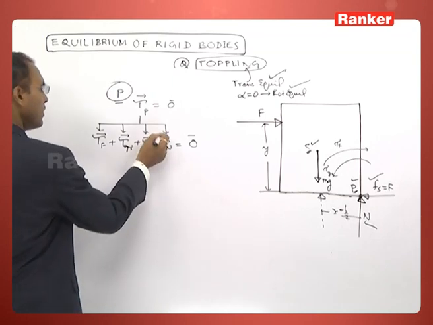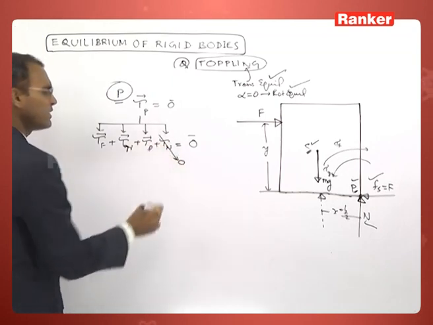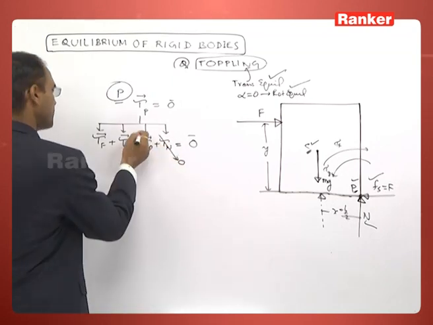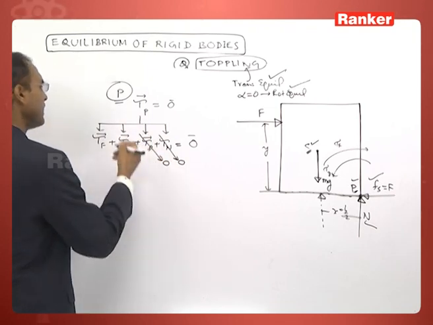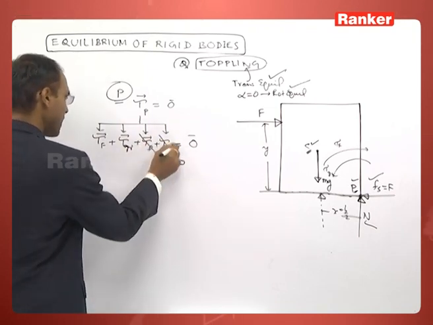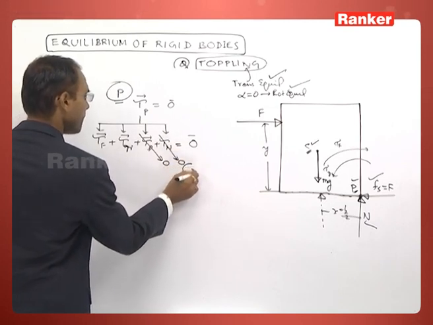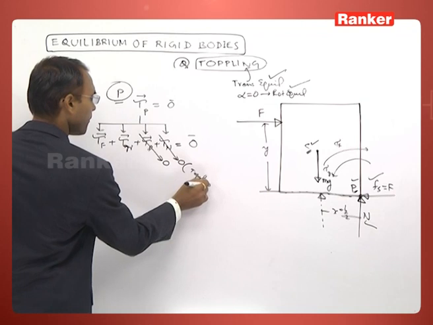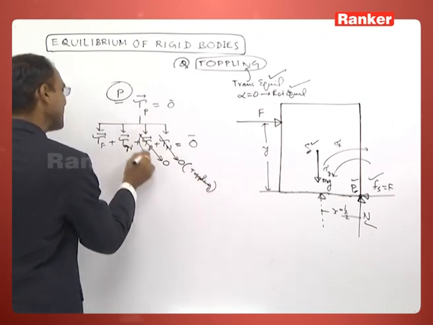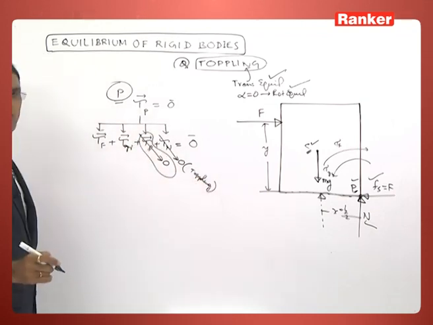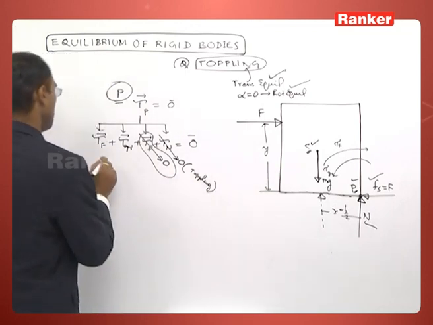As I told you, normal reaction passes through this point, cannot produce a torque, and frictional force passes through this point, cannot produce a torque. This normal reaction passes through this point only in the case of toppling. But for all cases, the frictional force always passes through that point.